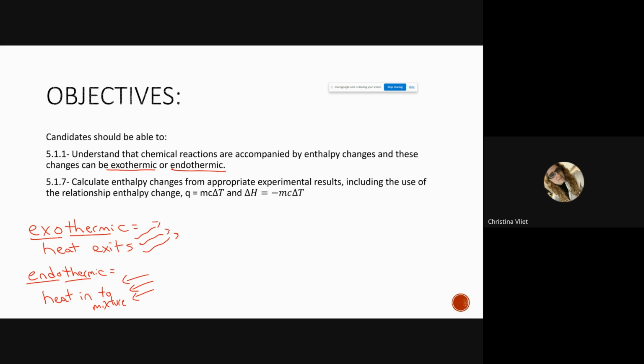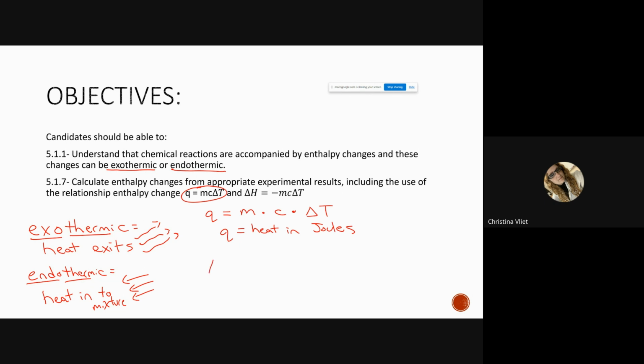So we're going to be looking at the concept of energy changes, but we're also going to be looking at the math. There's two formulas, and I memorized this one a little bit differently. I don't like the way that it's presented. You'll see why. But I have to double check the syllabus. Q is M times C times delta T. You should write down where Q equals heat in joules.